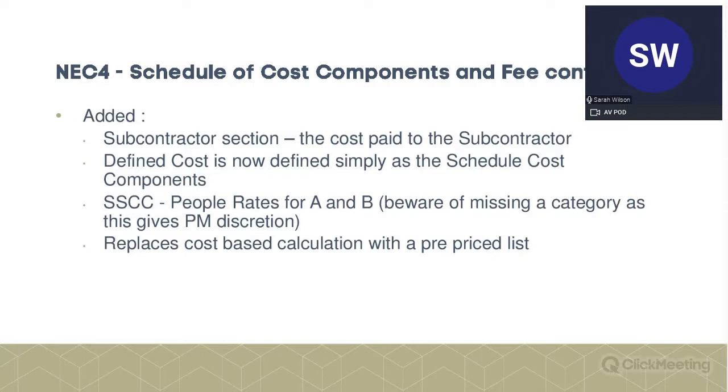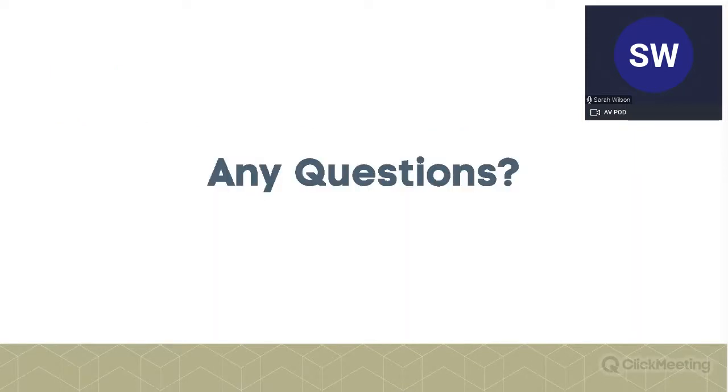And if you're doing it for the shorter schedule, as I said, beware of missing a category, because I think then that gives the project manager discretion just not to pay anything for that category of person. So that replaces a cost-based calculation with a pre-priced list, which is always helpful.